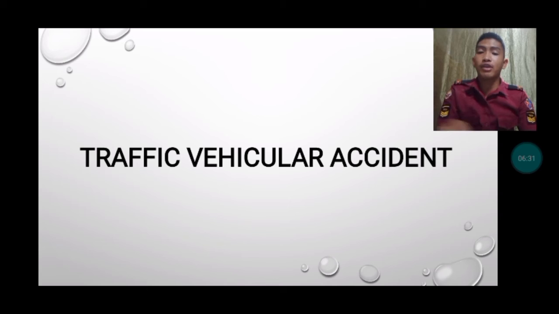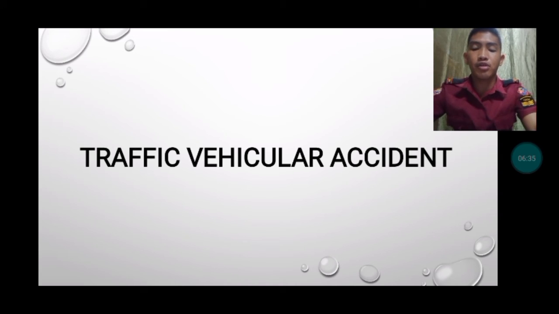Traffic vehicular accident. A traffic vehicular accident involving death or serious injury being investigated by the police, involving a motor vehicle, should be photographed with the primary purpose of helping determine whether there was negligence in the operation of the vehicle.